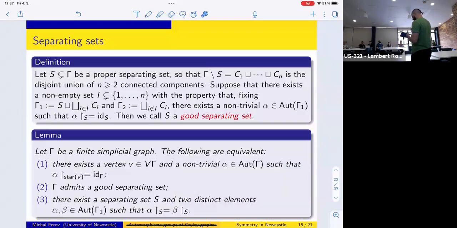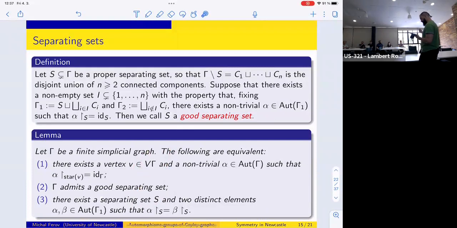Right, and this is just some combinatorial characterization of when a graph can admit a good separating set. It's several statements that are equivalent.